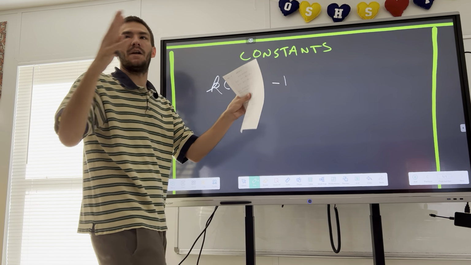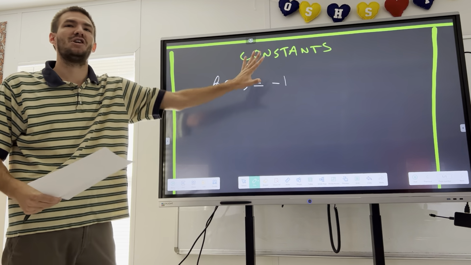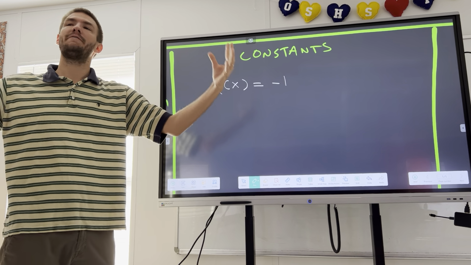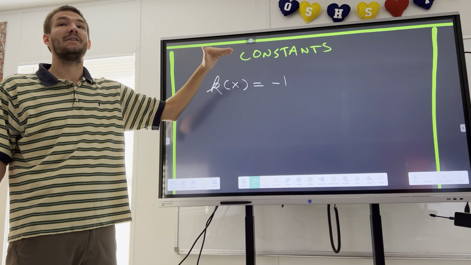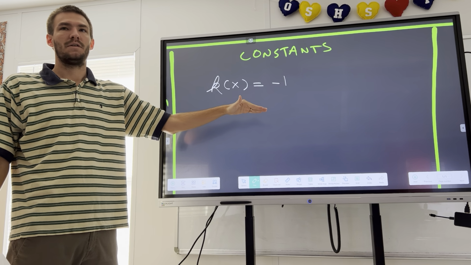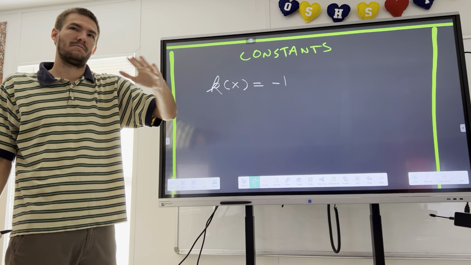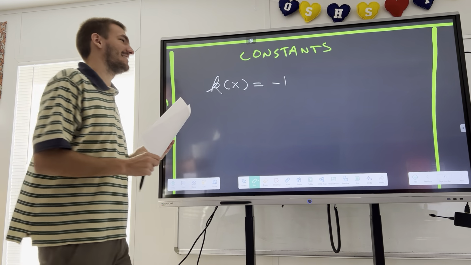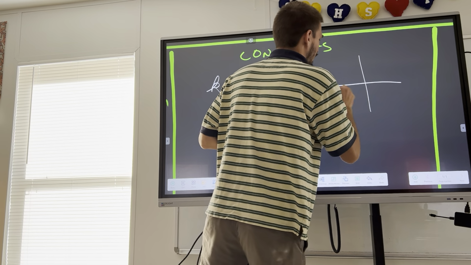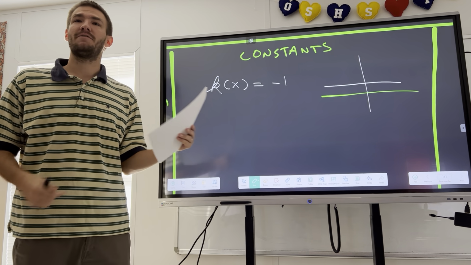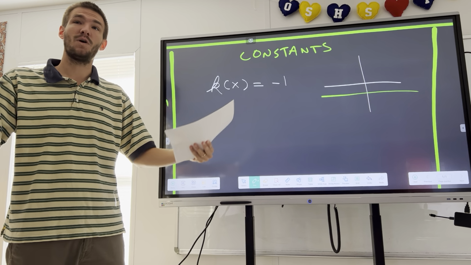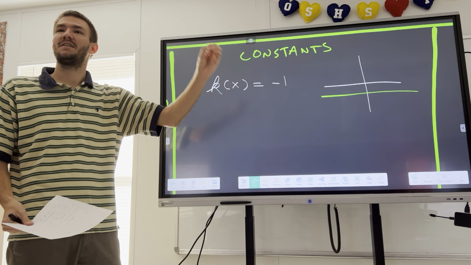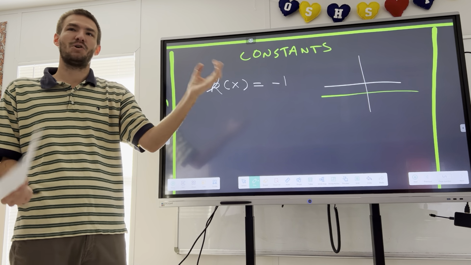We can do them one at a time. So we're allowed to think about just this function. If -1 is its own function, how does this graph look? It's a line. And what type of line? Horizontal. It's a nice horizontal line. So that's how our graph looks. And the derivative calculates what? The slope. And what is the slope of this? 0.